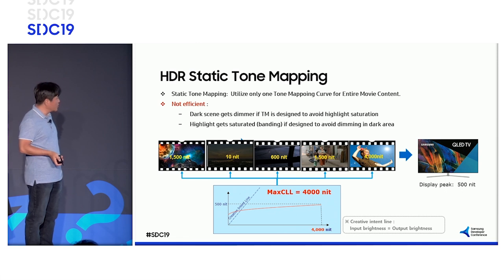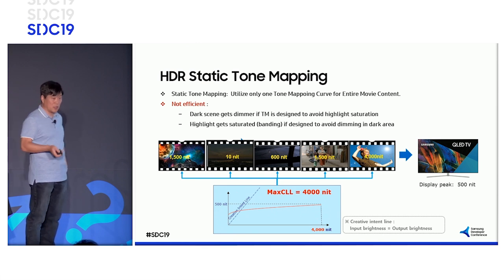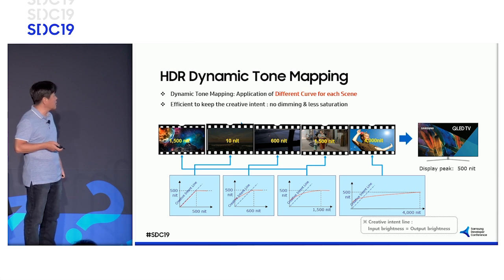But the problem with this one is each scene has a different characteristic. So if you apply only this mapping curve for all of these different types of characteristics, you cannot get the maximum benefit of the solution. So this is the idea, to get a better result.